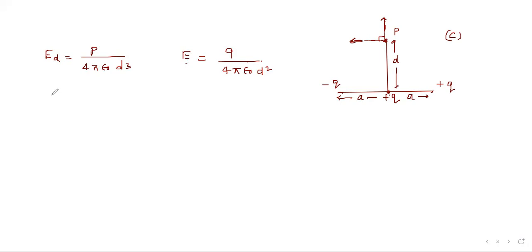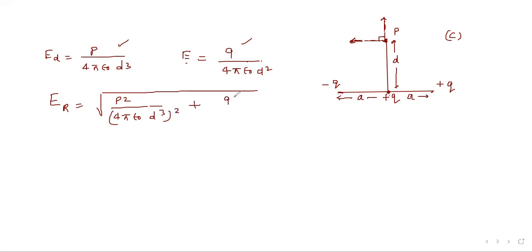So we can find E resultant due to these two. This will be equal to root of (p upon 4 pi epsilon naught d cube) whole square plus (q upon 4 pi epsilon naught d square) whole square.